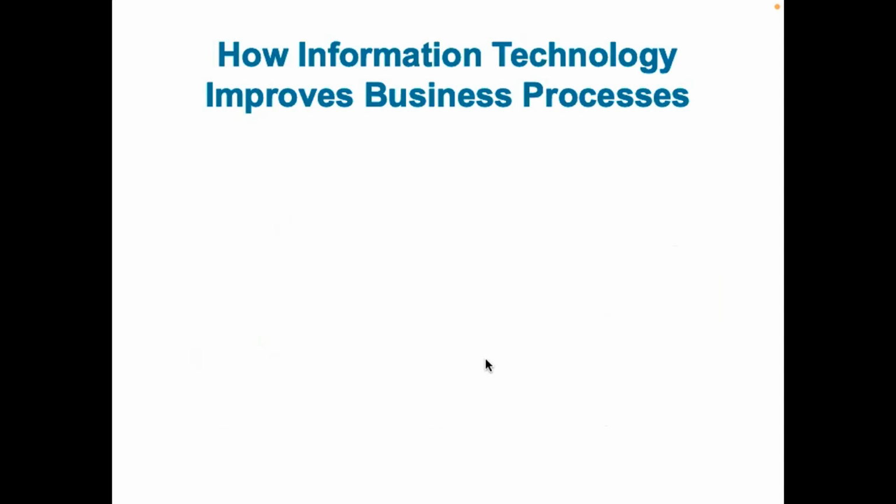Now, how would information technology improve the different business processes, either specific business processes or functional business processes? How would technology improve that? So let's look at a typical scenario in our individual organizations. Two main ways that information technology can improve business processes.